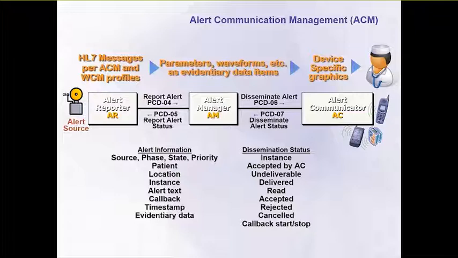The PCD07 information can optionally be passed as a PCD05 back to the Alert Reporter, should they need that for their own workflows or for recording or reporting. This profile can use these transactions to support all phases of the alert process from start to finish.